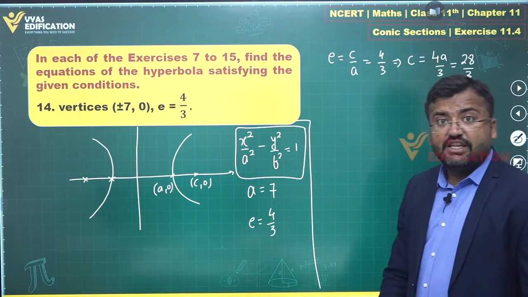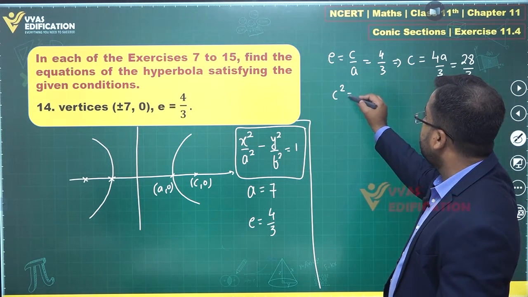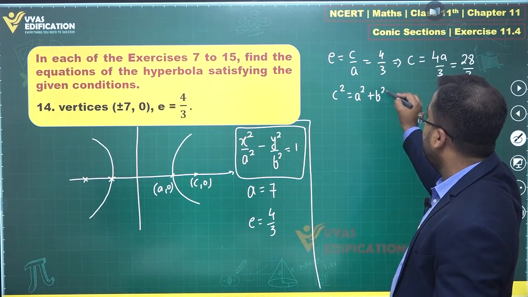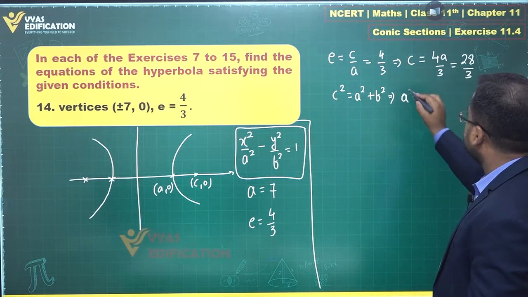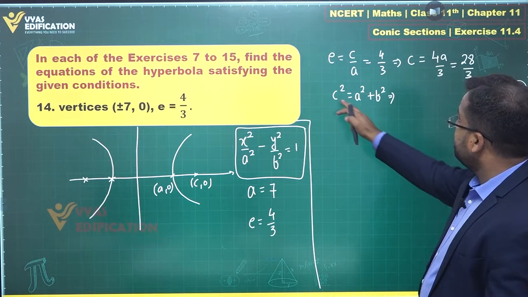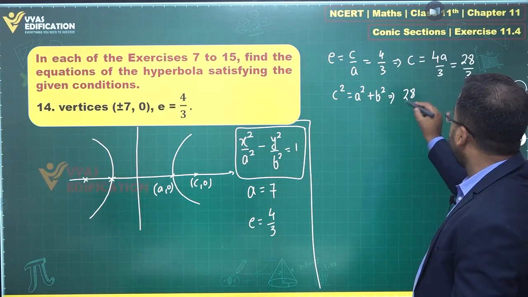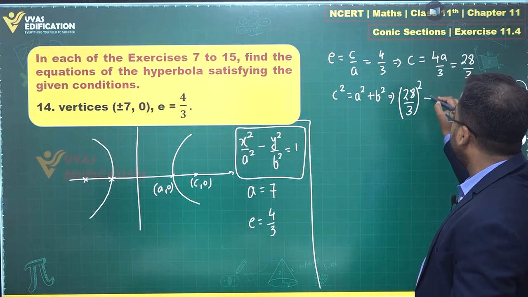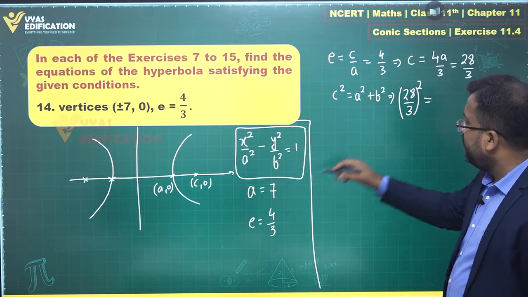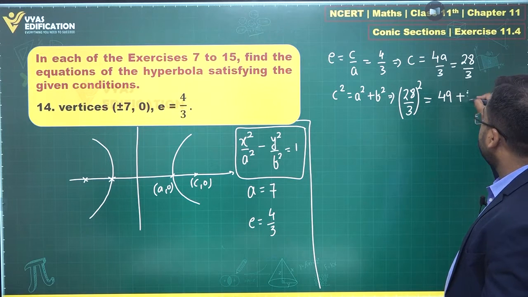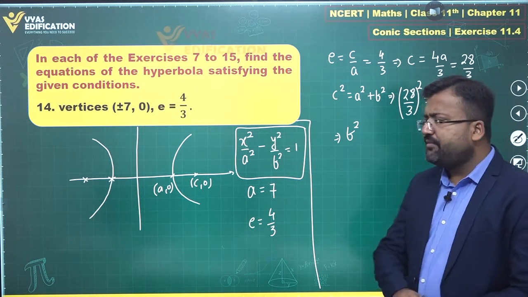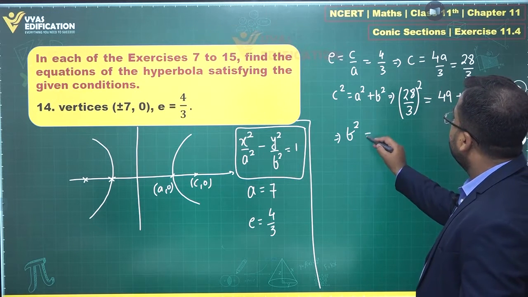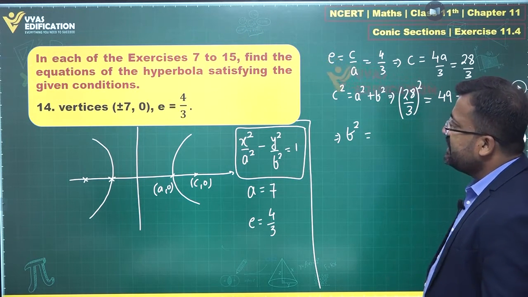Okay, C is 28 by 3, and we know that C square is equal to A square plus B square. That tells me that C square, which is 28 by 3 squared, is equal to A square, which is 49, plus B square. And from here I can find B square. What is this equal to? This is 28. 28 is actually 7 into 4.